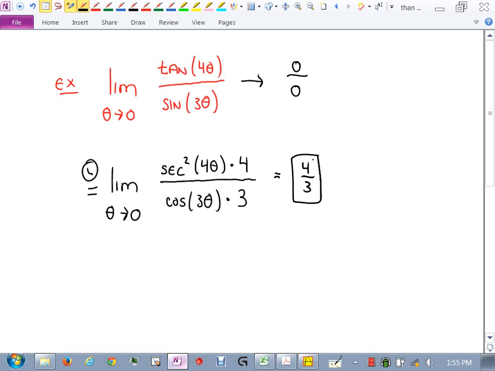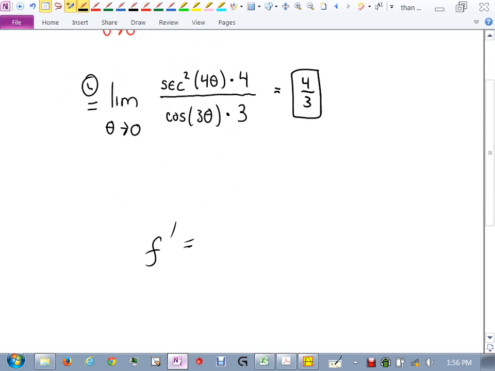What do you have to do in order to do this? You have to be able to take a derivative, right? We learned limits before we learned derivatives. In fact, the derivative is a limit, isn't it? The derivative is the limit as h goes to 0 of f of x plus h minus f of x, all over h.